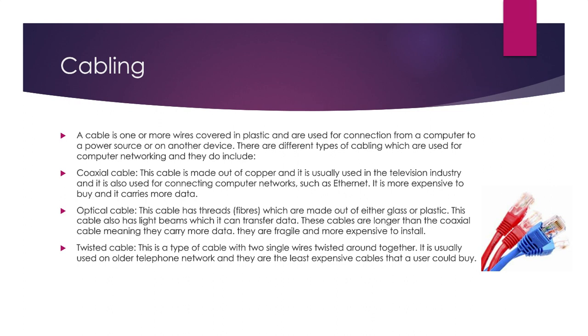So cabling is quite important in terms of hardware. A cable is one or more wires covered in plastic and is used for connection from a computer to a power source or another device.